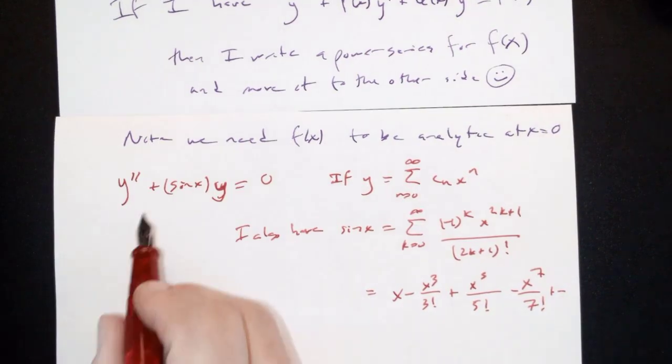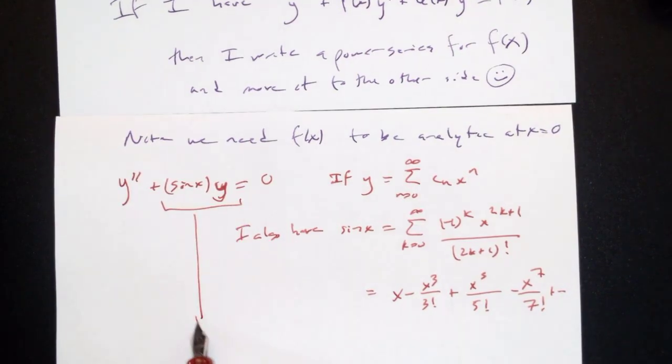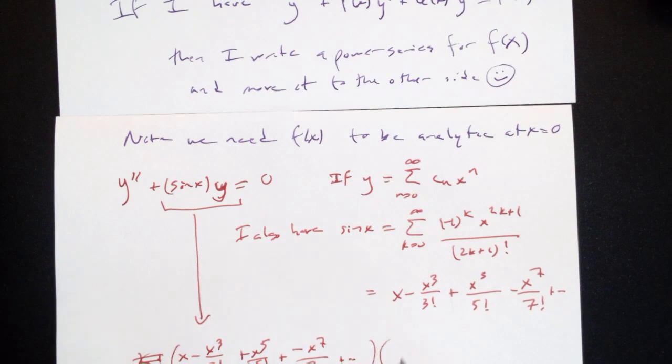So I could write this piece as x minus x cubed over 3 factorial plus x to the 5th over 5 factorial minus x to the 7th over 7 factorial, times c0 plus c1x plus c2x squared plus c3x cubed.